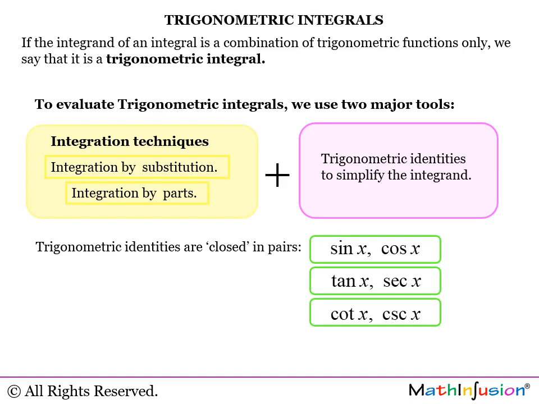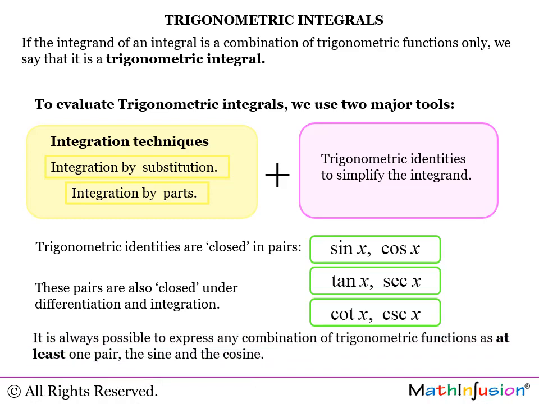Why do I say closed pair? It's also true about the derivative and the antiderivative of those functions, that you really stay within a pair. Those pairs are also closed under differentiation and integration. Okay?